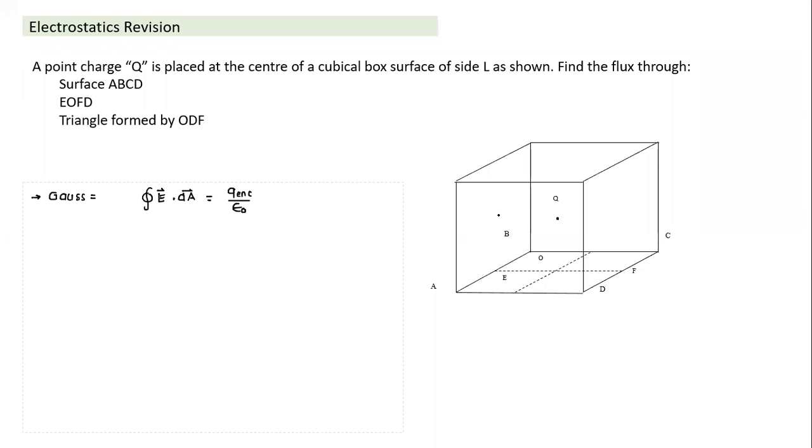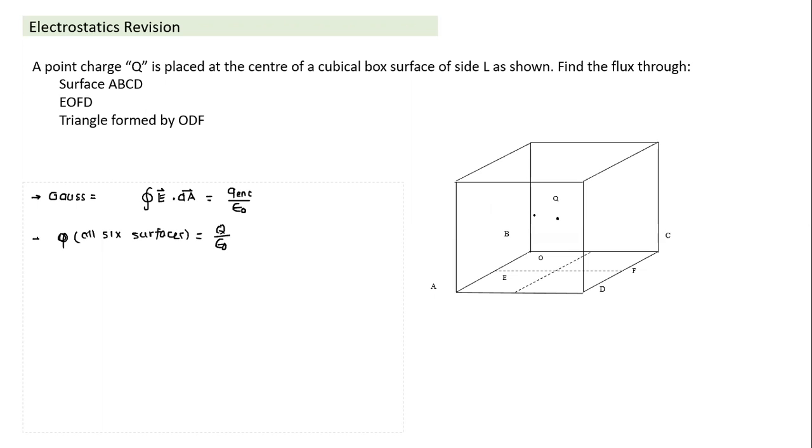When we come to this case, we take the 6 surfaces of the cube. The flux through all 6 surfaces put together is equal to the charge enclosed by epsilon naught, which will be Q by epsilon naught.